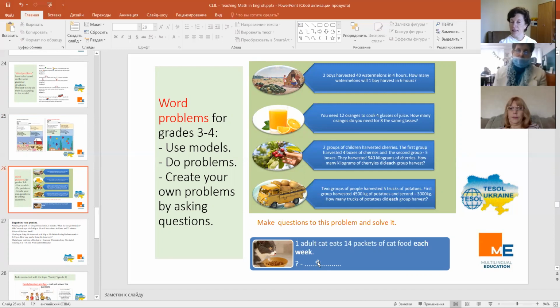And this is the example of when you practice thinking skills, when you practice math, and you also practice this idea of asking questions and working with the language.